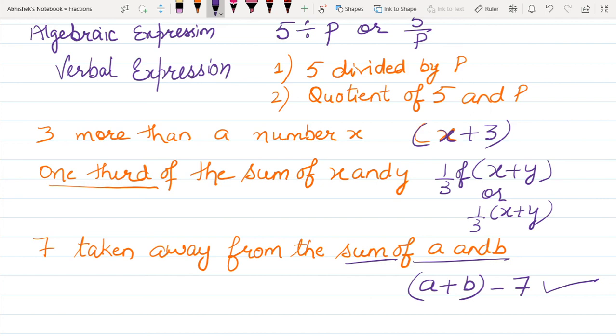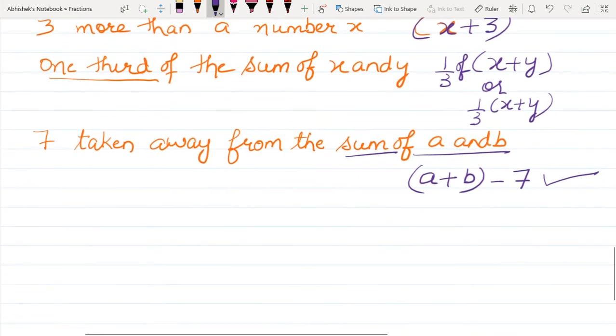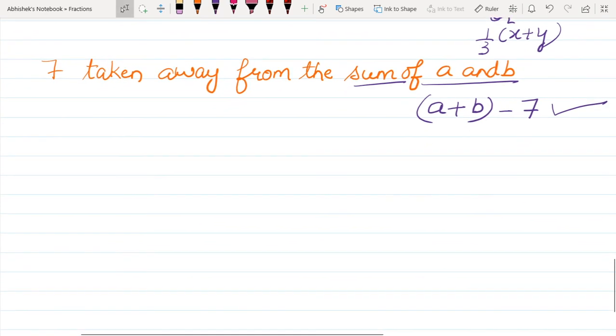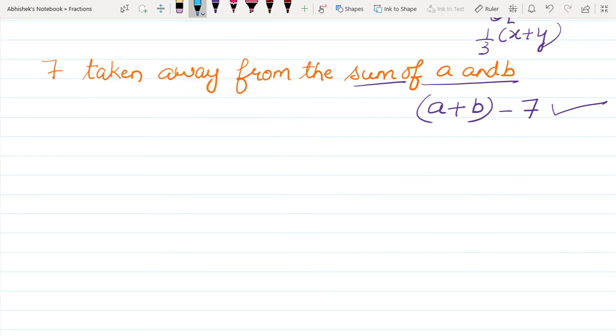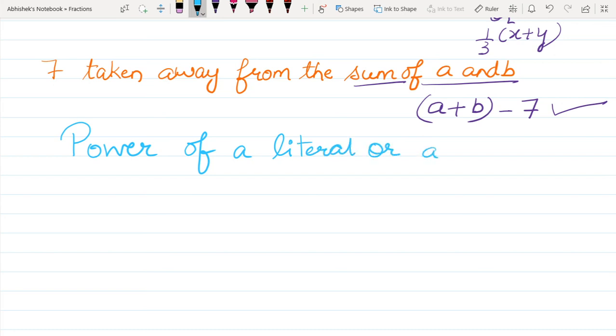Now our next topic is power of a literal, or you can say a variable.